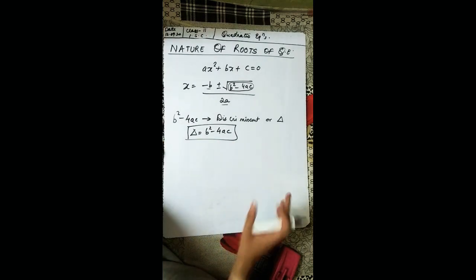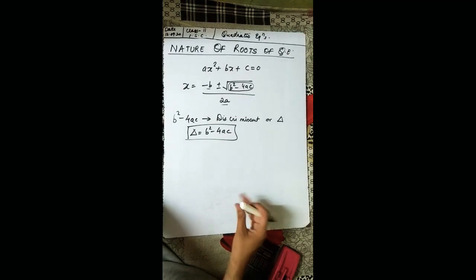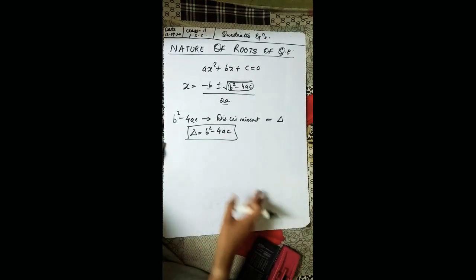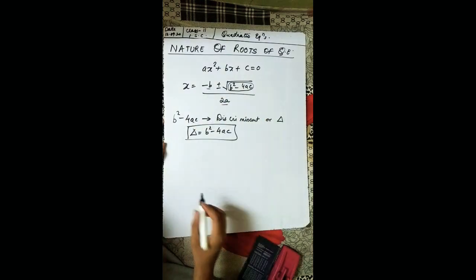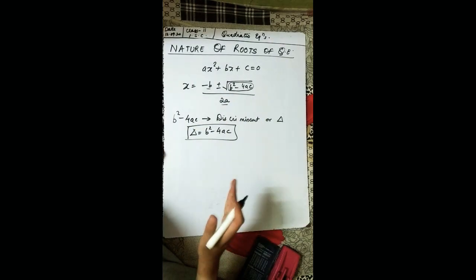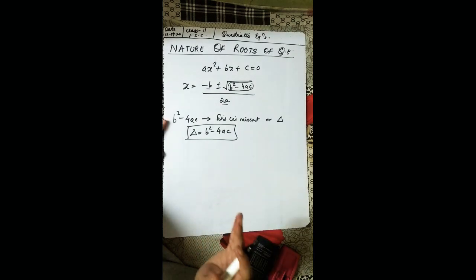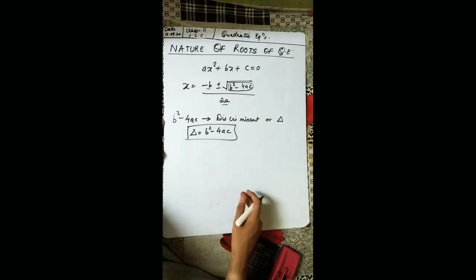Now how does this b square minus 4ac decide the nature of the roots of the quadratic equation? If in this under root you are getting a value more than 0, that means it will definitely give you a real number.